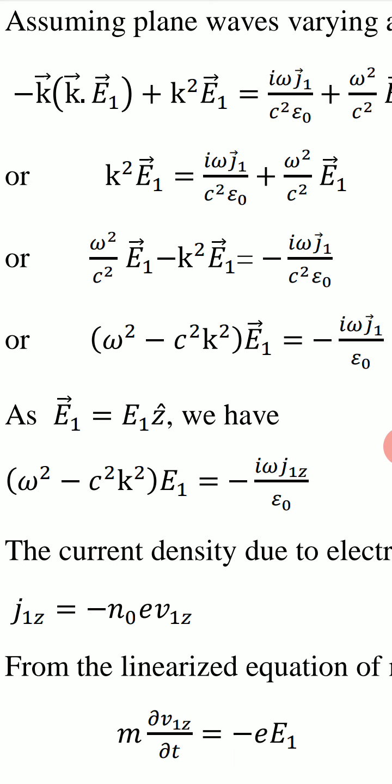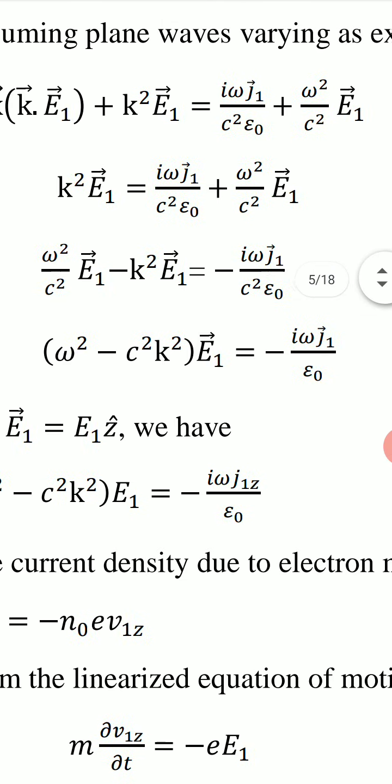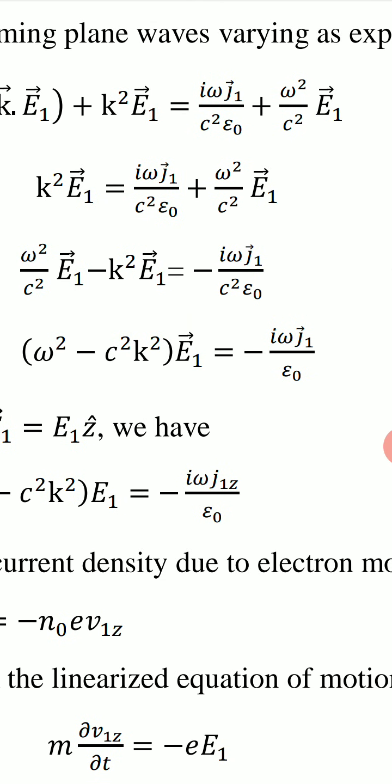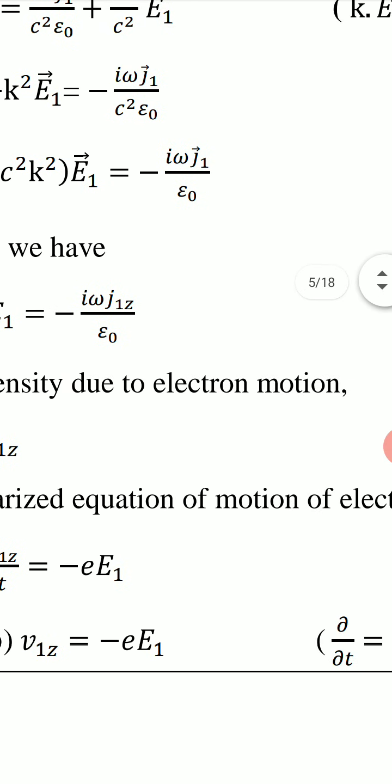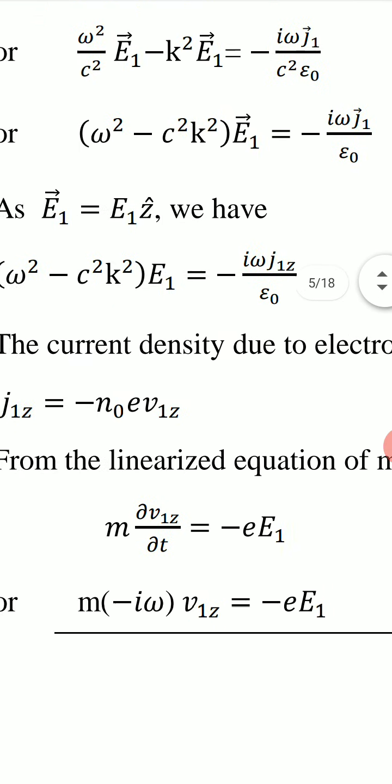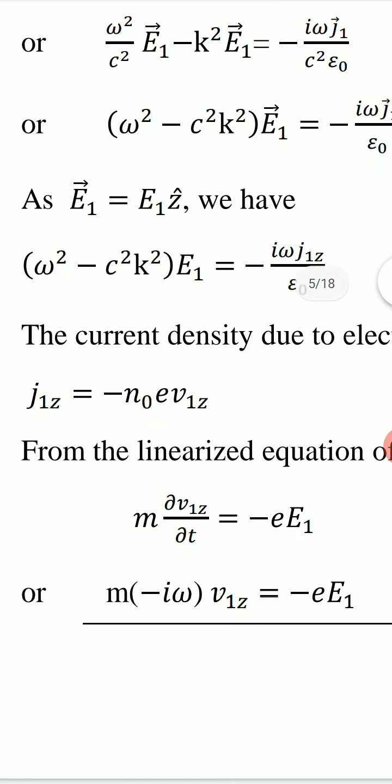If we write E1 for E1 vector, which is its z component, then we write J1z for J1 vector. It is the z component of current density J1. The current density due to electron motion is given by J equal to nev, and for electron we write minus nev because charge on electron is minus e.